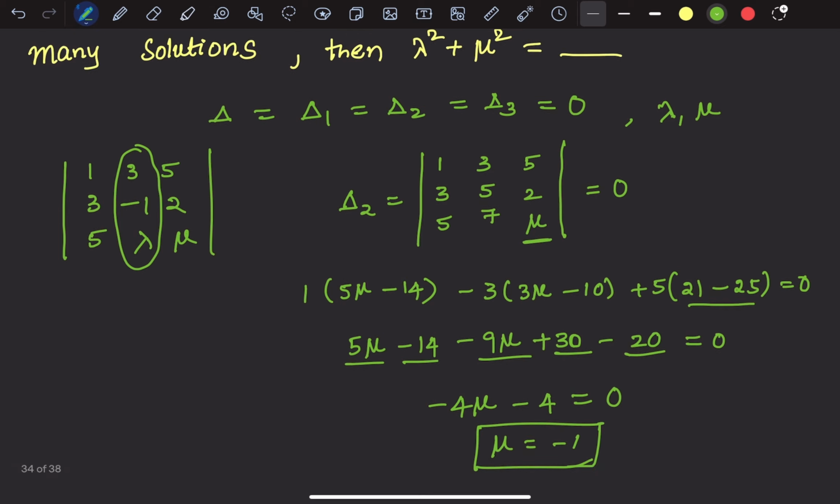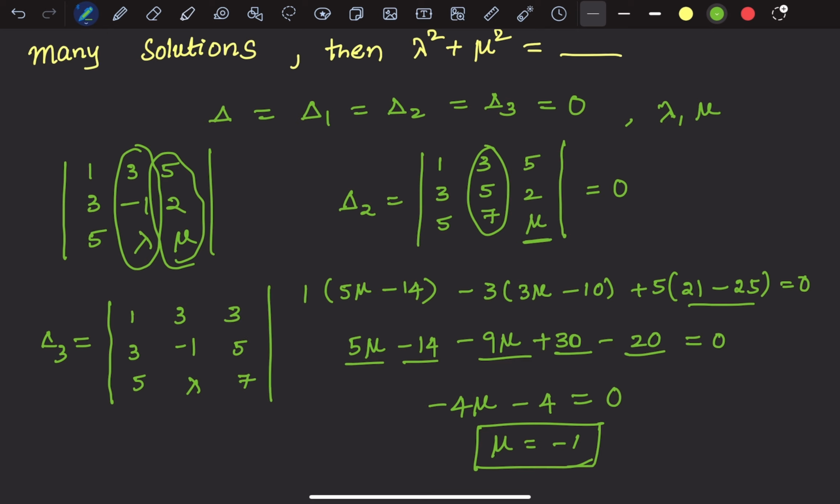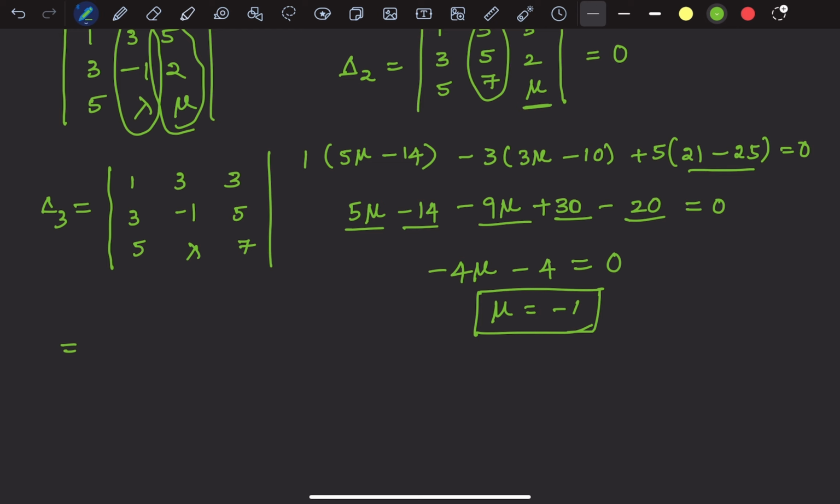Alright. Similarly, let us consider delta 3. Delta 3 will be 1, 3, 5, 3, minus 1, lambda. Now the third column will be replaced by 3, 5 and 7, and that is equal to 0. So 1 into minus 7 minus 5 lambda, minus 3 multiplied by 21 minus 25, plus 3 multiplied by 3 lambda plus 5.